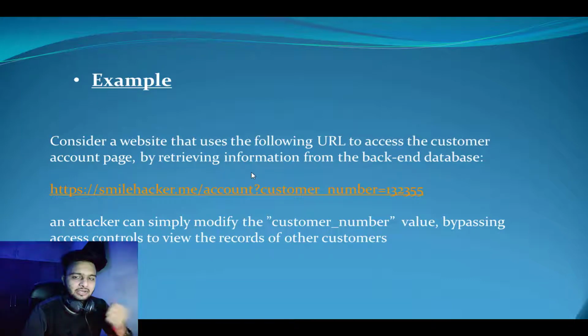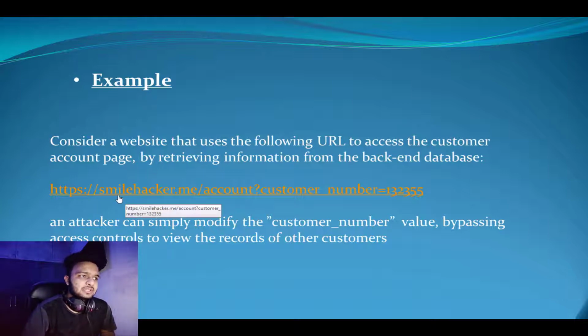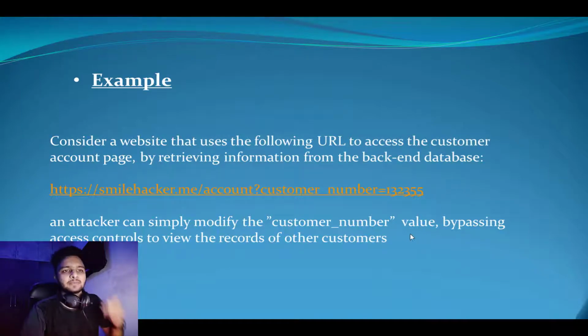If you are trying to get your information from the backend database, there will be a URL like https://mylega.me account customer number, and here is the associated customer ID. So what if I simply brute force this number with random numbers, and possibly I can get another user's account details, another customer's account details.